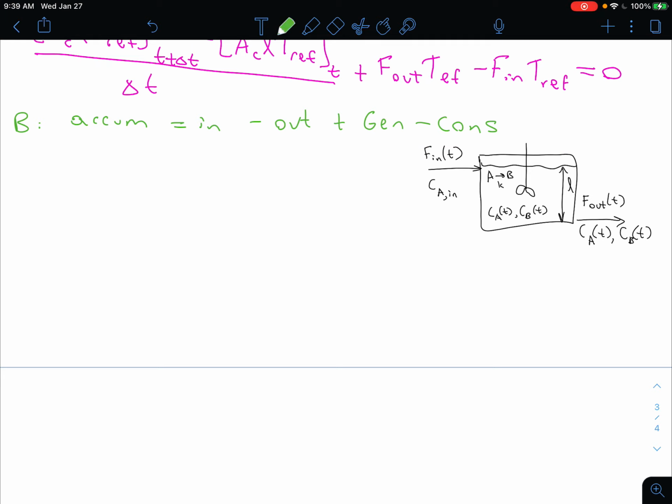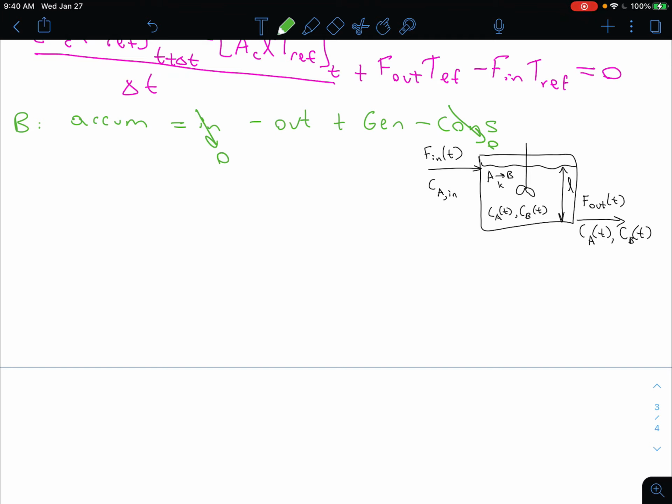Okay, so B is not consumed, it is produced. So consumption is 0. Generation is going to be generation by the chemical reaction. There is no B in the input stream, so it is not input to my system.